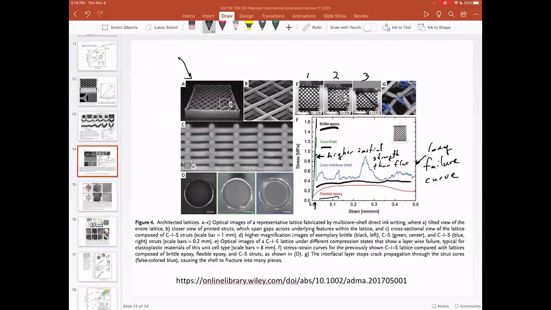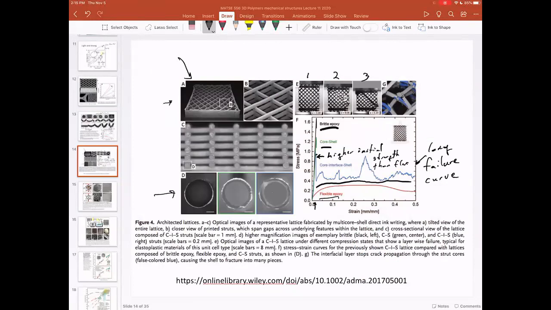So this now gives you some sense for how we might combine the filament morphology with the macroscopic structures in order to obtain mechanical properties that are not easy to obtain from a single material or from just a solid block of material.